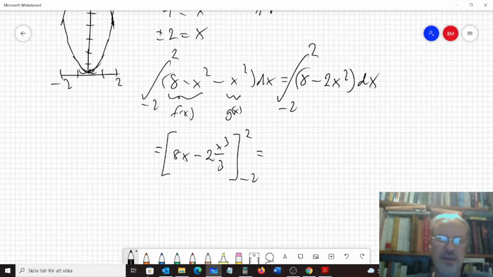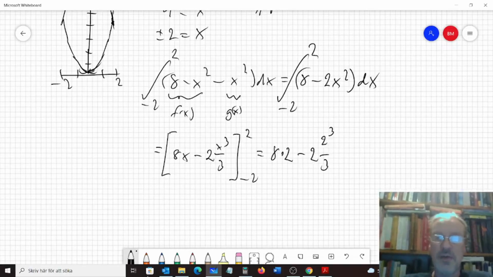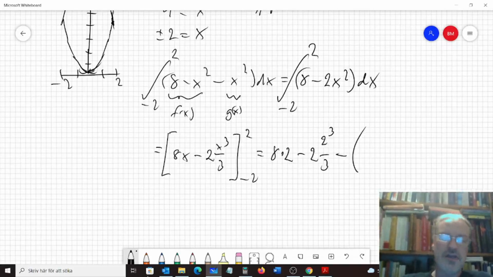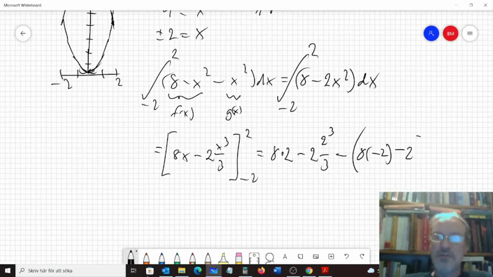Plugging in the 2 to this: 8 times 2 minus 2 times 2 to the power 3 over 3, minus, and plugging in -2 to this, 8 times -2 minus 2 times -2 to the power of 3 over 3, equals 8 times 2, that's 16.